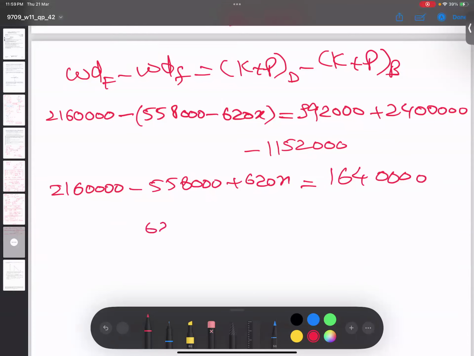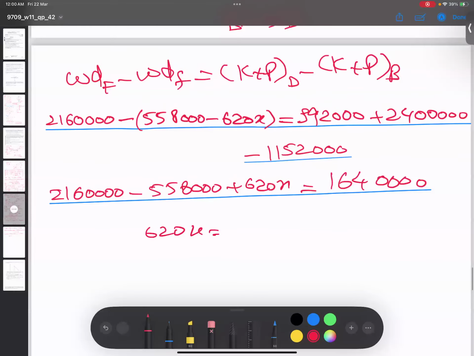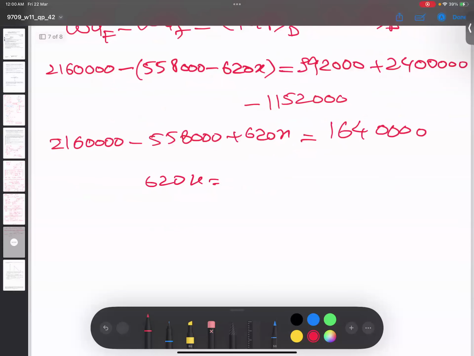Now students, 620X left alone here, and this is minus 216 and 4 zeros. Be careful, plus 558,000. I'm getting here 38,000, divided by 620, and the answer is 61.29, which becomes 61.3 meters.